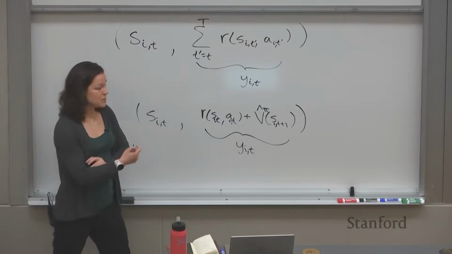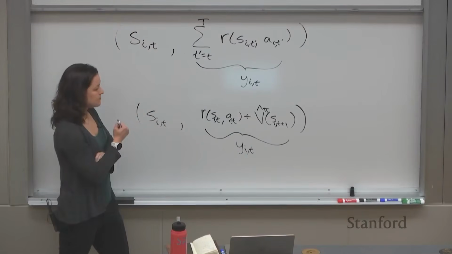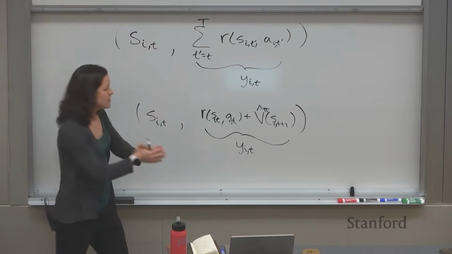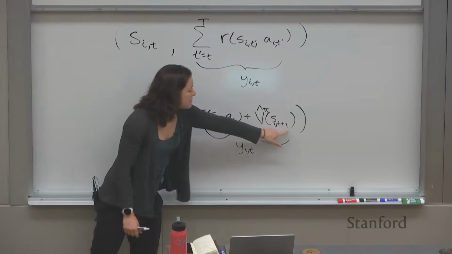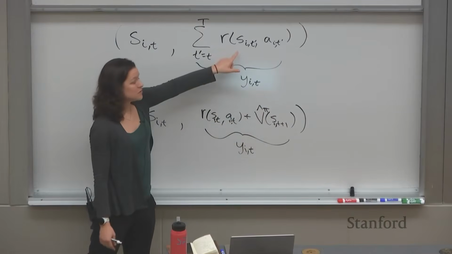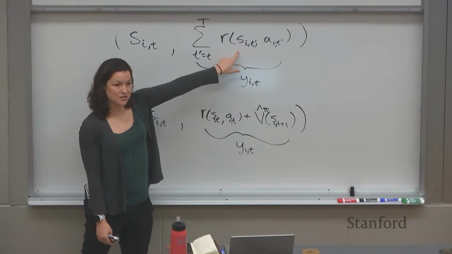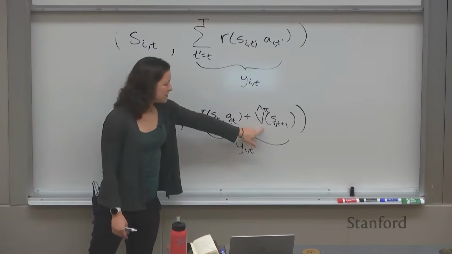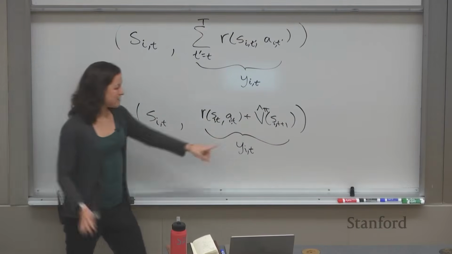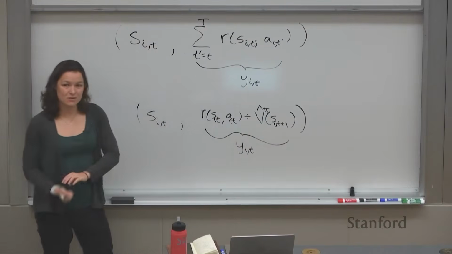You're not going to be running multiple simulations from that data point, but you're going to be estimating what would have happened from your future state rather than a single sample of what happened in that trajectory. And so with this, you're able to get a better estimate of all of the possible outcomes that might have happened at the next state rather than just one outcome.